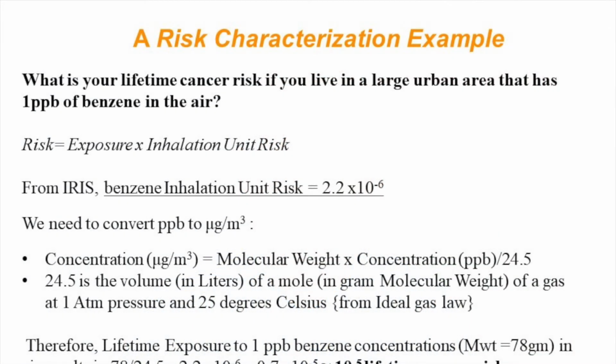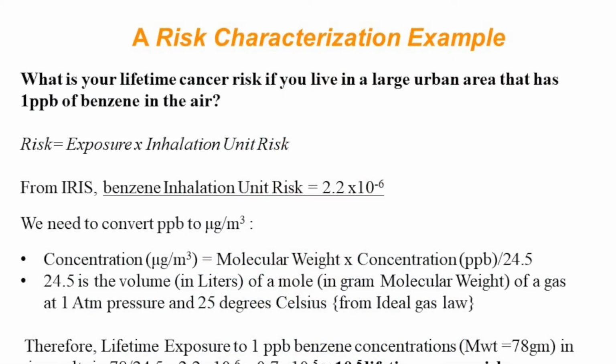Then we can go ahead and apply these factors to get the right units to be able to calculate the estimated excess cancer risk. So benzene has a concentration of 78 grams.